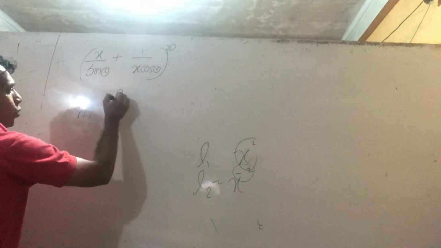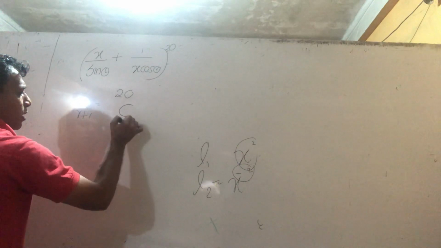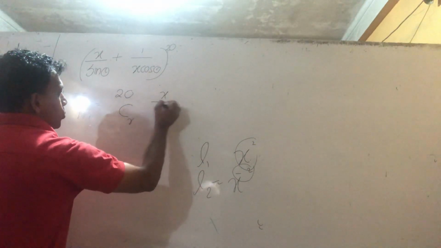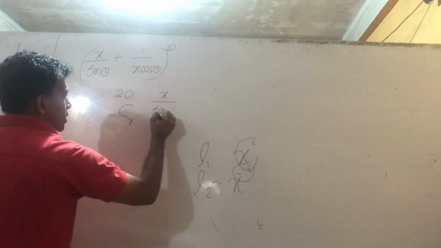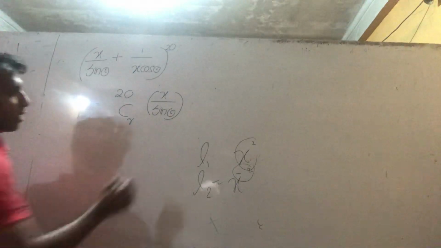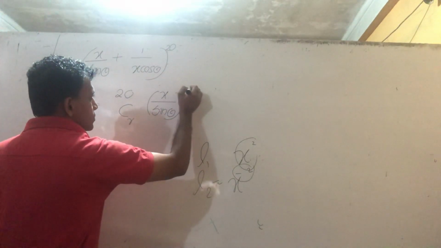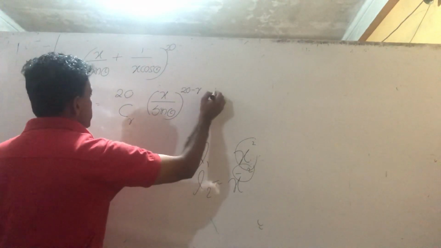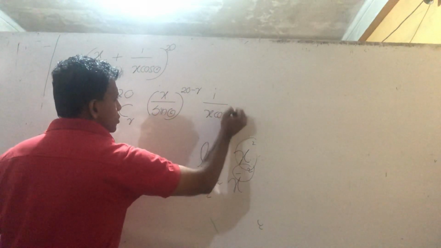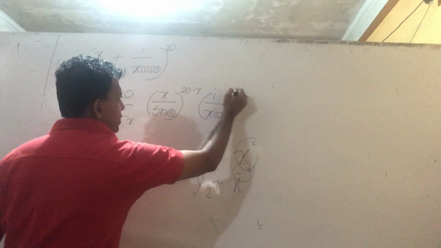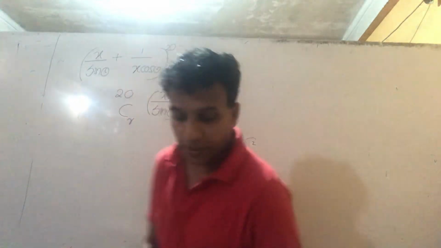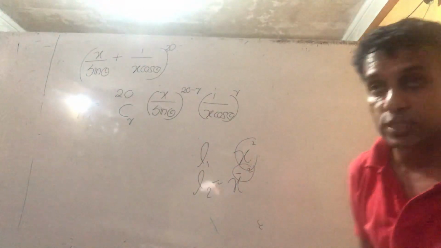Therefore, 20 C r, x over sin theta to the power 20 minus r, into the other term, 1 over x cos theta to the power r, right? This is known as the r plus 1th term, that means the general term of this expression.